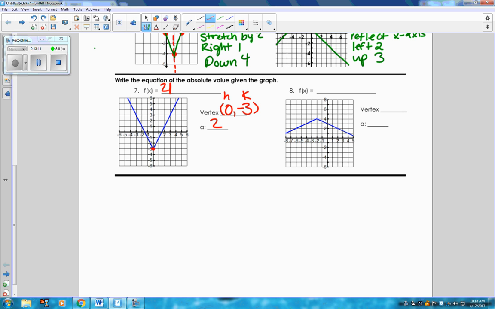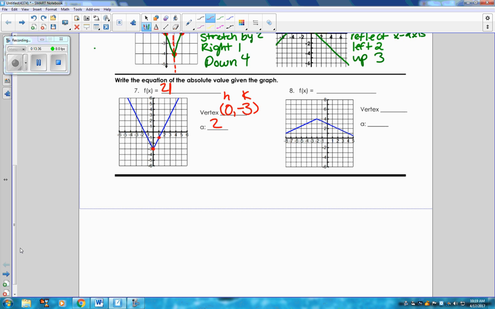That's my vertex. Okay? My next point that I know for sure that it touches, an x and a y value that we know, is that one. 2 comes from the slope between those 2 points. So we went up 2, right 1. Rise over run. So A is 2.